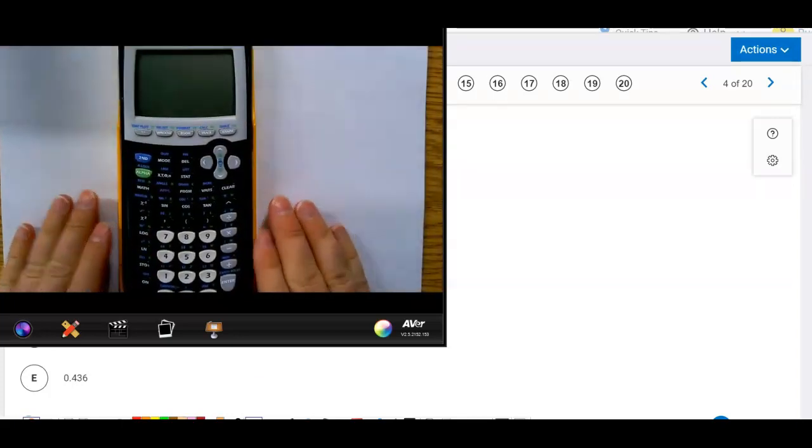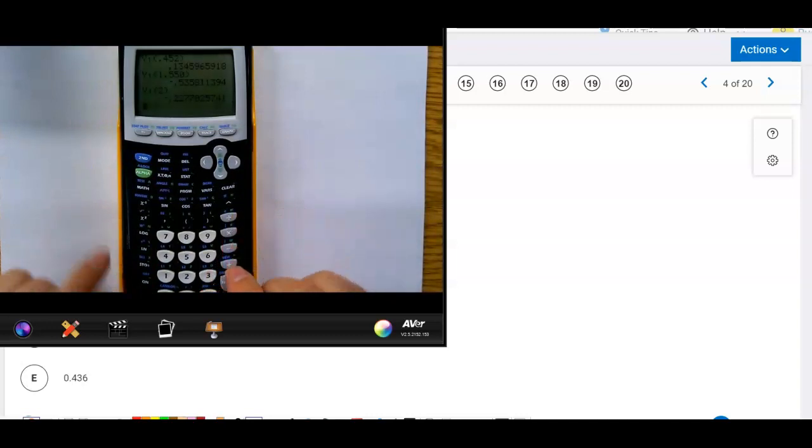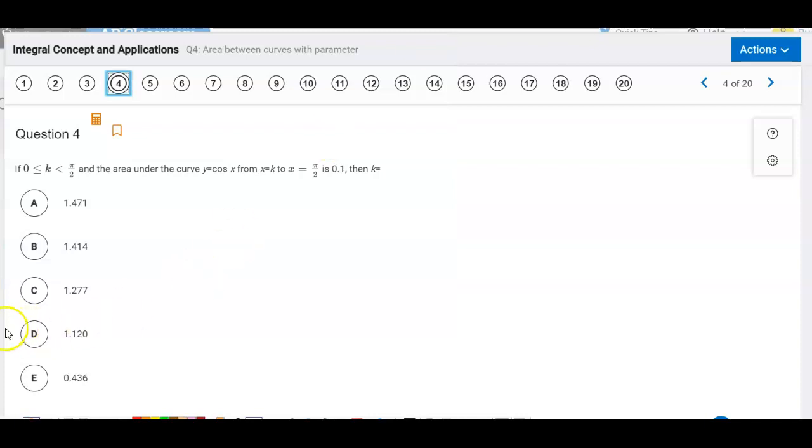All right, so we're going to do second, and then you push sine, and that brings up arc sine. So we have 0.9, enter, and I'm getting 1.120. And so I would argue the answer is D.